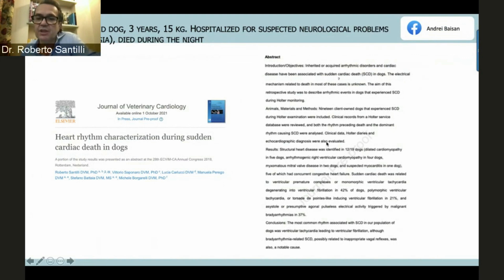What is interesting is that 42% of the dogs died of ventricular fibrillation, 21% of torsade de pointes, but 37% died because of agonal rhythm. So they die because they have inappropriate and malignant high vagal tone, inducing vasovagal syncope and then sudden cardiac death.